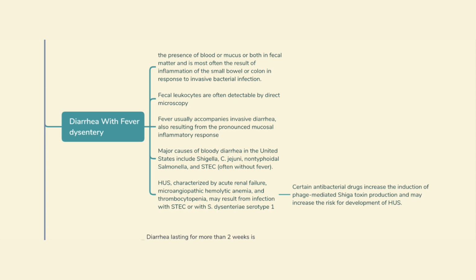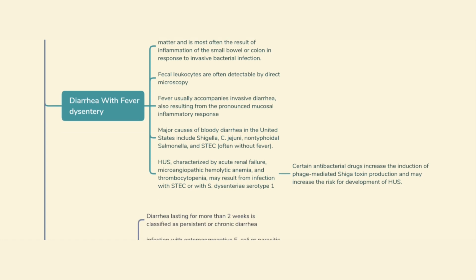This hemolysis will increase the production and the effect of this toxin, especially on the kidneys. And this toxin usually is phage-mediated Shiga toxin and will increase the risk of hemolytic uremic syndrome.